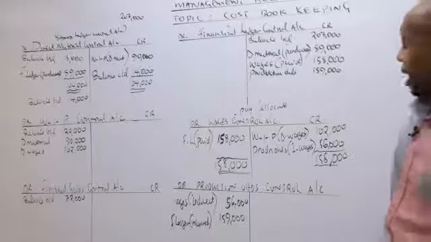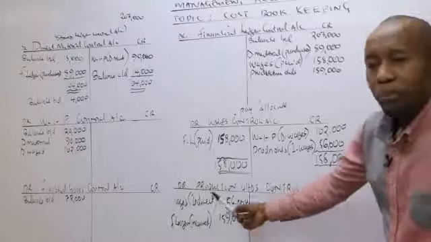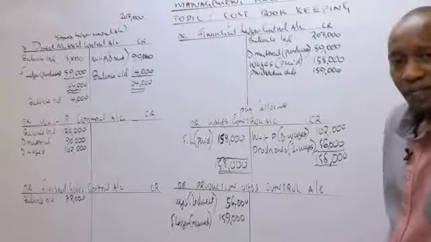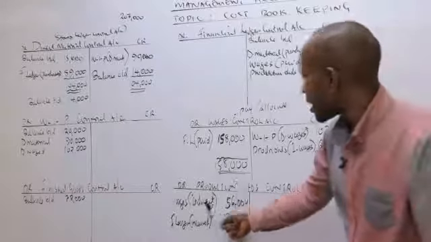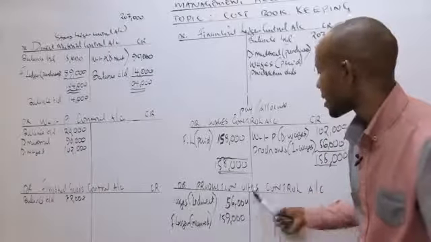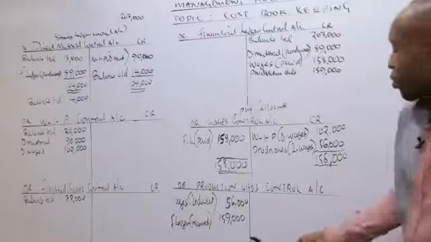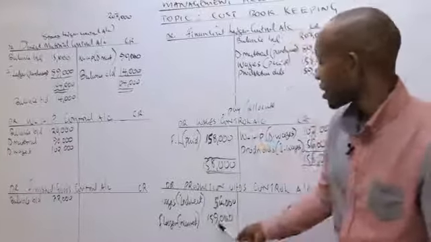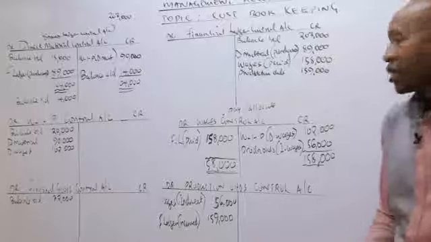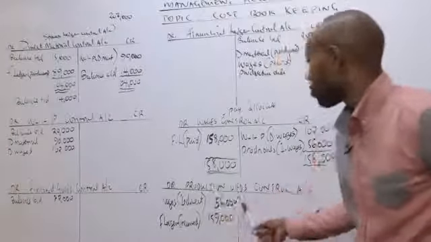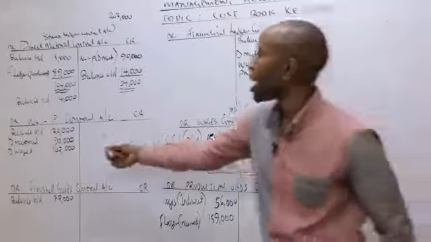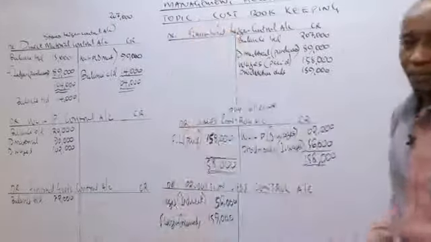Now, here we have the production overhead control account. It has captured the actual amount of overheads that were incurred, both from expenses that were paid for and the indirect wages. So this account for production overheads should be closed to the work in progress account.